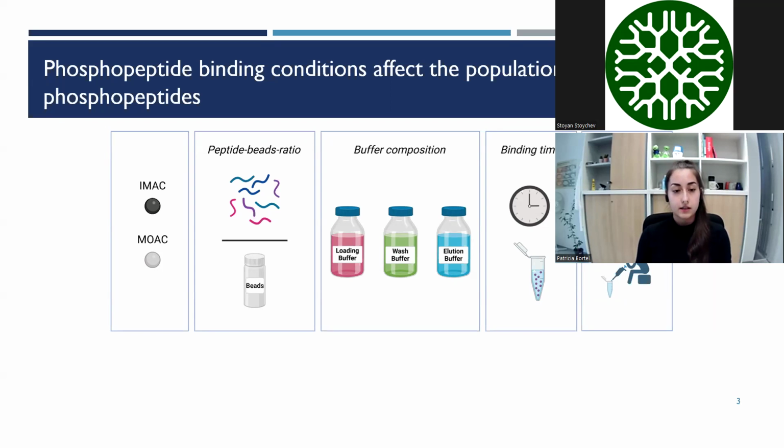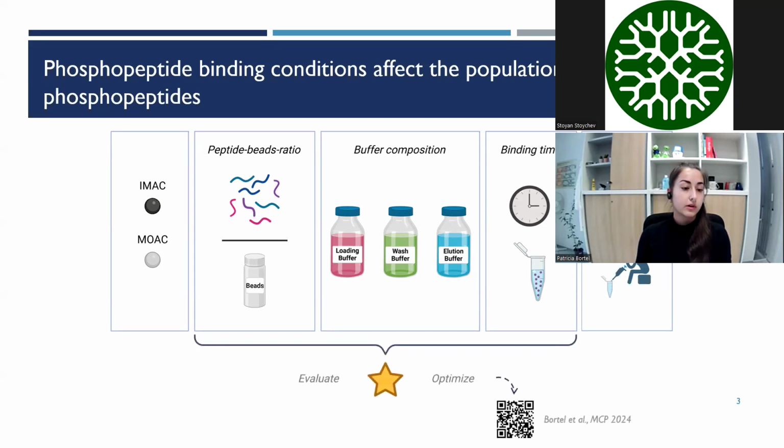And in this regard, these rather technological achievements have a bit overshadowed the improvements that can be made by adjusting the parameters of your actual phosphopeptide enrichment. So our goal in this work was to evaluate key experimental parameters and optimize them in our automated phosphopeptide enrichment workflow with a focus on low input samples.